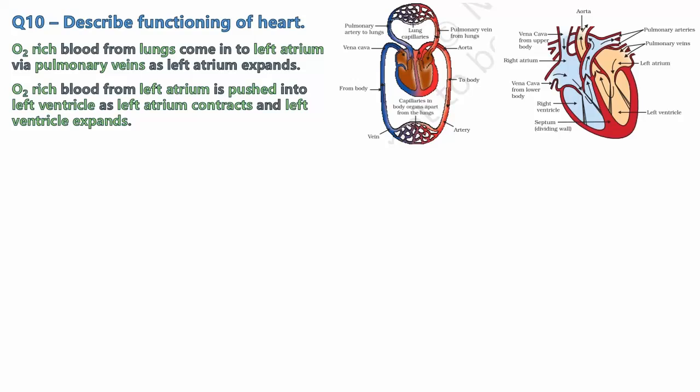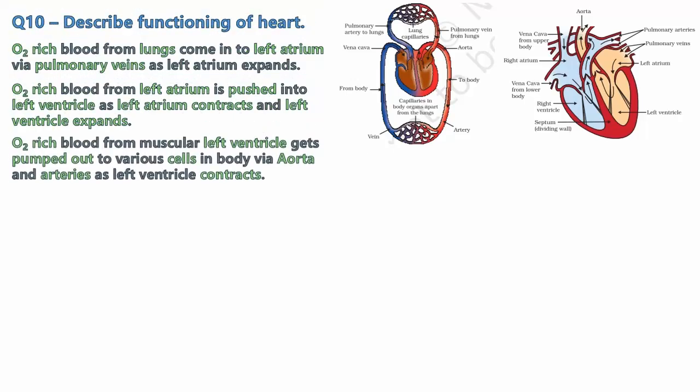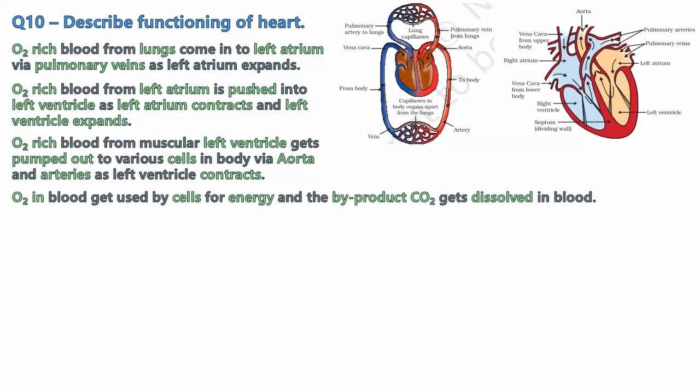This is the second chamber, which is at the left part of the heart, and it is at the bottom, the left ventricle, as the left atrium contracts and the left ventricle expands. Okay, then oxygen rich blood from the muscular left ventricle gets pumped out to various cells in the body via the aorta and arteries as the left ventricle contracts.